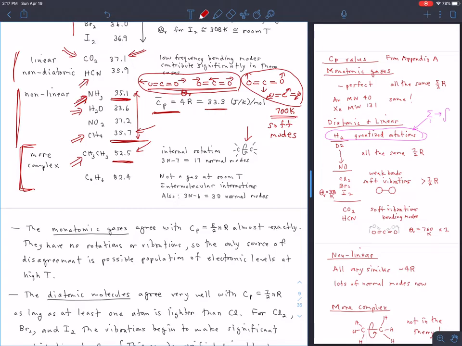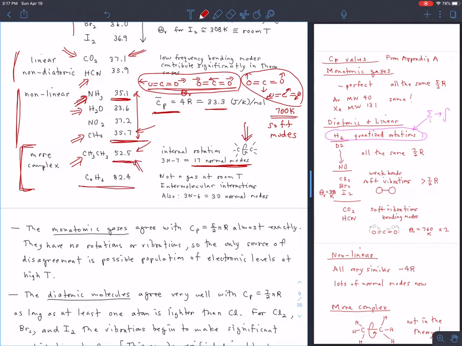First of all, there's this internal rotation, which means there's an extra rotation in this molecule. It's now breaking our earlier rules. And it also has a lot of normal modes. There are 8 atoms in ethane, 17 normal modes, and each one contributes. I don't think any of those normal modes is soft either, but there's just enough of them to contribute significantly, and so you get a heat capacity of 52.